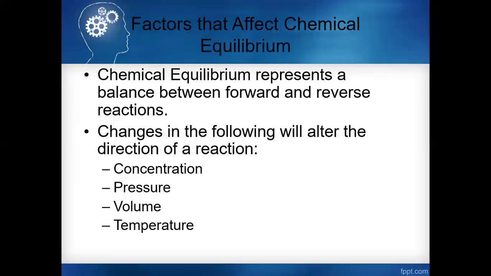These are the factors that affect chemical equilibrium. This is a chemical reaction minding its own business at its equilibrium, undisturbed, unprovoked. And then Linamandla, as a chemical engineer, comes along and changes the concentration of the reactant.